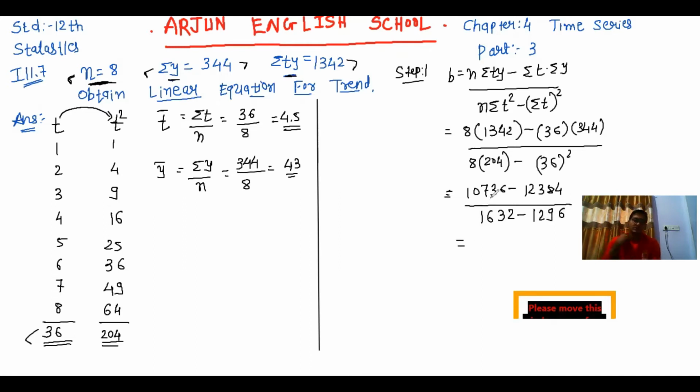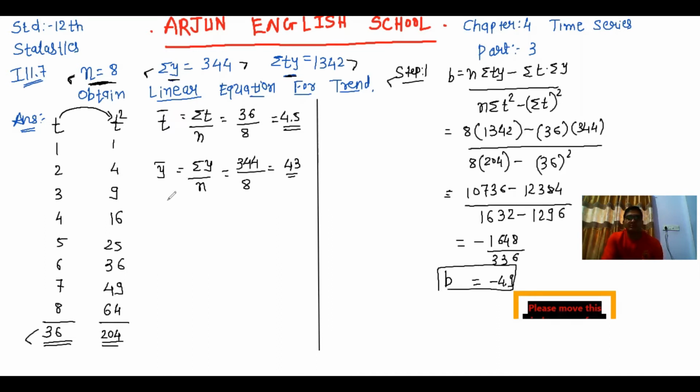Now the answer is minus 1648 divided by 336. Then the final answer for b is equal to minus 4.9. Okay, this is step number 1.